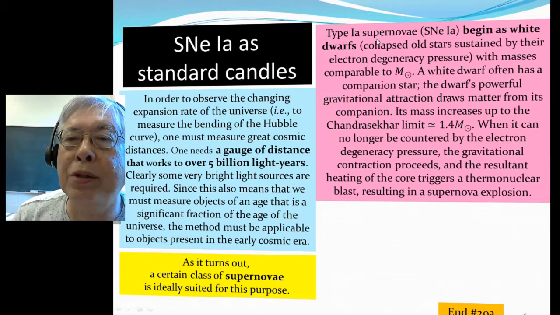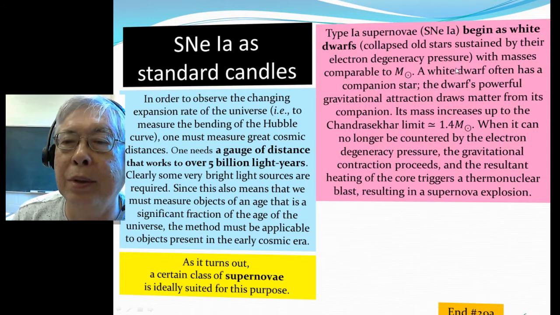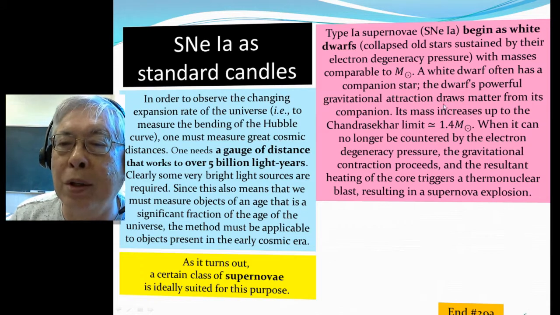A type 1A supernova begins as a white dwarf, which is a collapsed old star sustained by the electron degeneracy pressure, with mass comparable to the solar mass. A white dwarf often has a companion star. The dwarf's powerful gravitational attraction draws matter from its companion, so its mass increases.